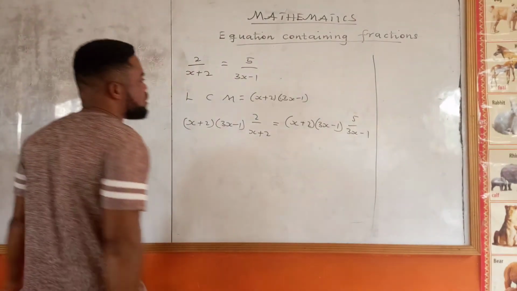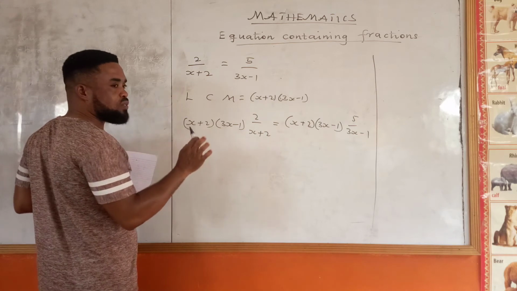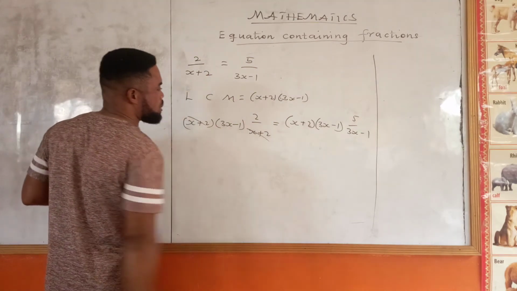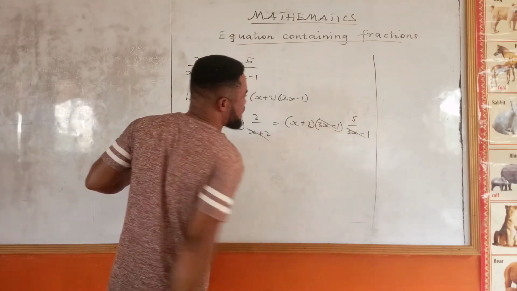Good. So now let's look at that. When you look at it carefully, you see that this one can cancel that. So here will cancel out. Then look at this one too. This one will also cancel out.